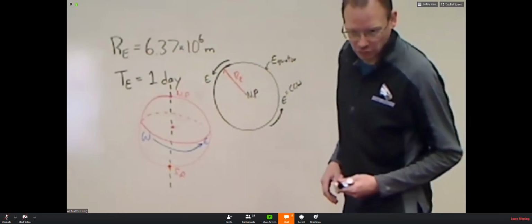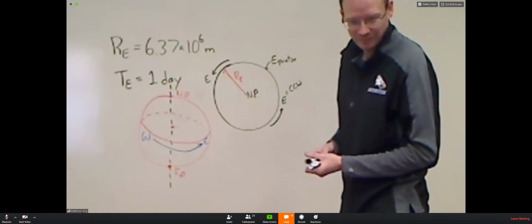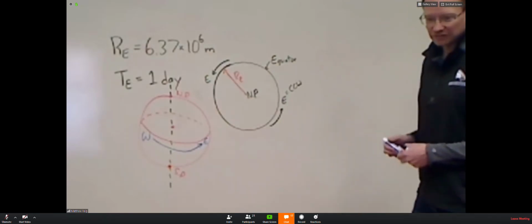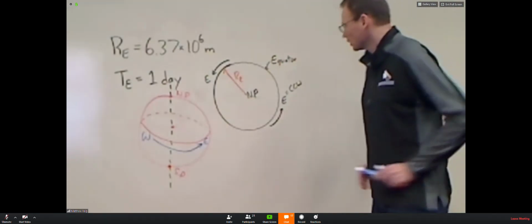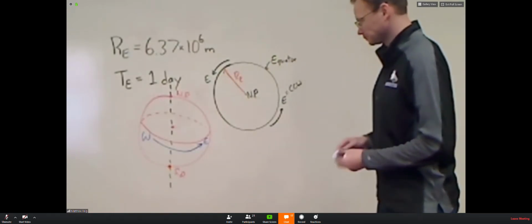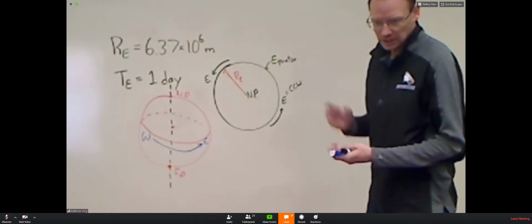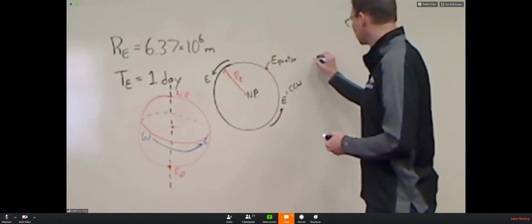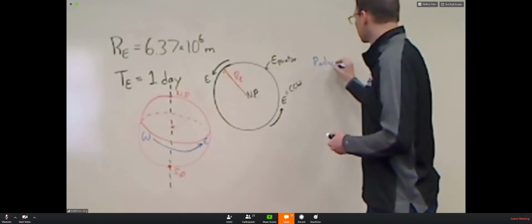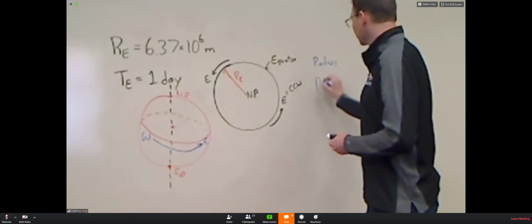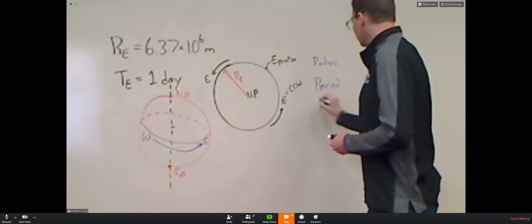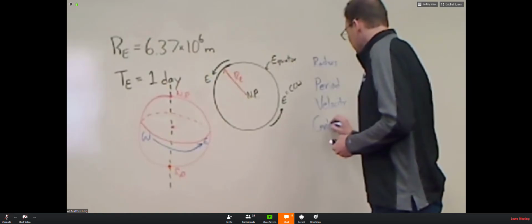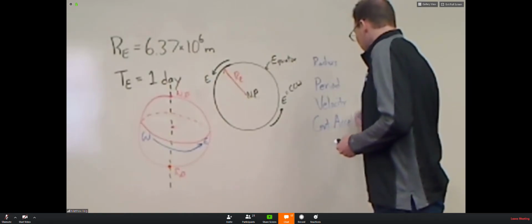What's the formula for centripetal acceleration? Centripetal acceleration is velocity squared divided by radius. And we're going to do this pretty often. Here's the summary: radius, period, velocity, and centripetal acceleration.